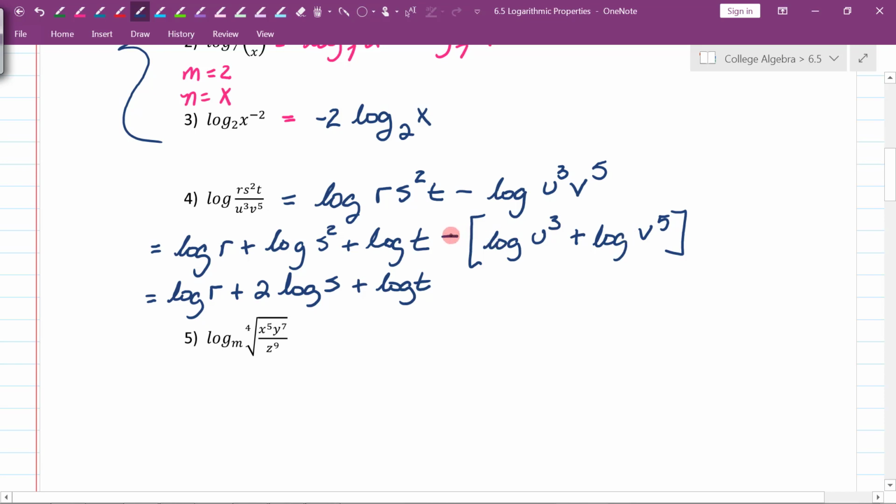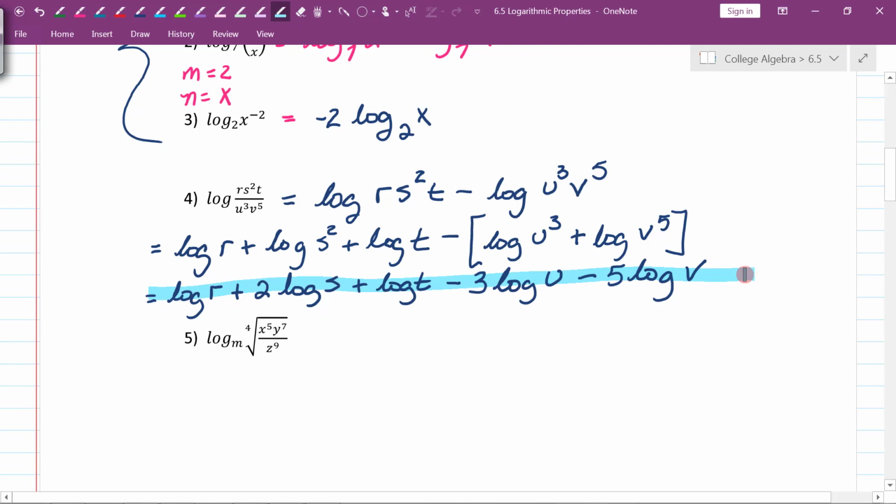So that negative is going to come right here, and we have a negative times log U to the 3rd power, but that power to the 3 is going to come out front, and it's going to become log 3 log U. Now this negative times this positive gives me a negative. Okay, you've got to make sure you distribute that. And then we have V to the 5th, so that's going to be 5 log V. I don't have anything in common here that I can combine, so this right here is my final answer right there.